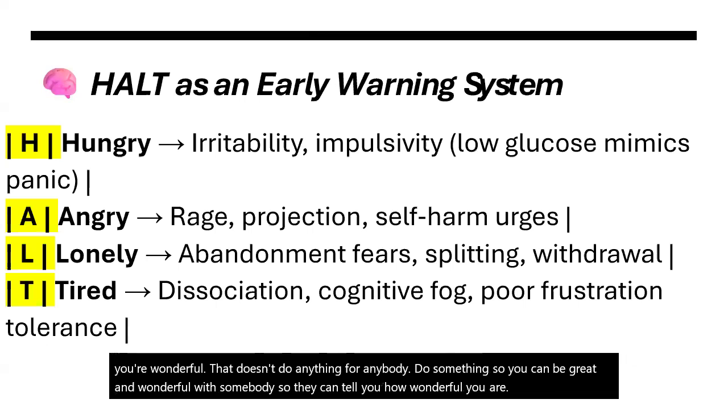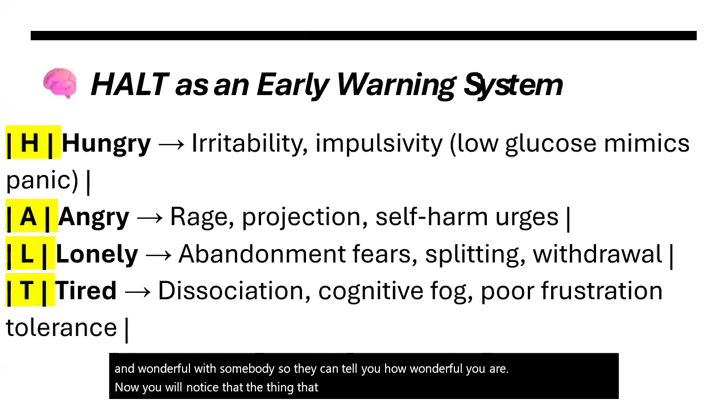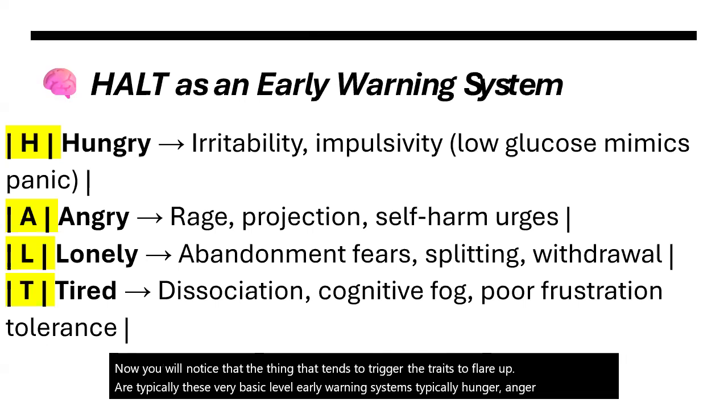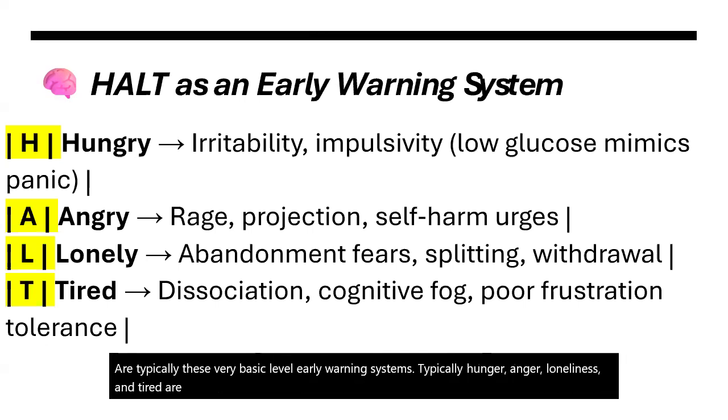Now, you will notice that the thing that tends to trigger the traits to flare up are typically these very basic level early warning systems. Typically, hunger, anger, loneliness, and tired are the four major triggers that tend to cause the maladaptive behaviors.